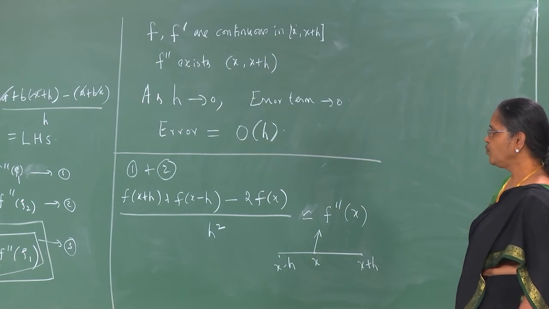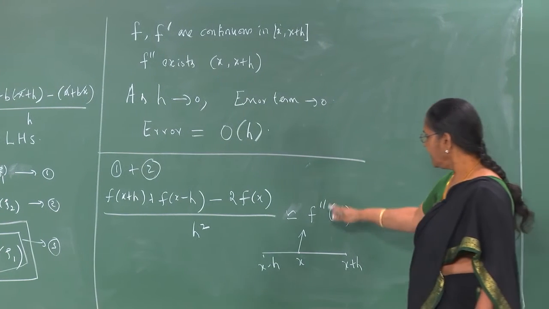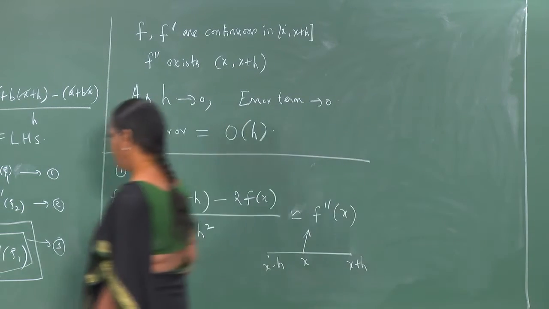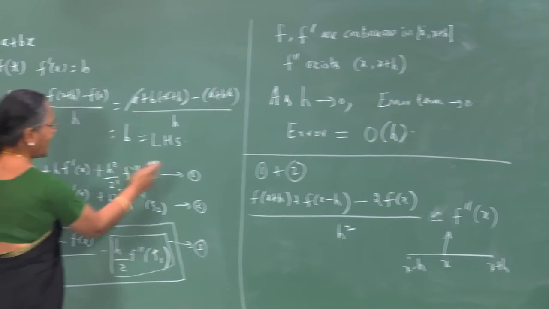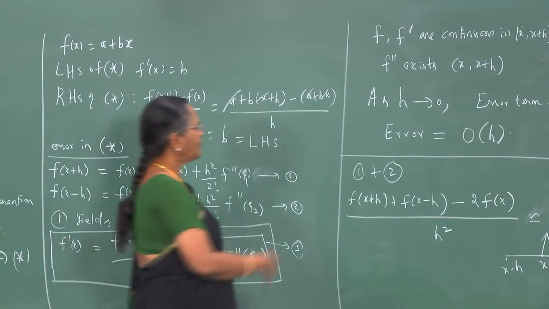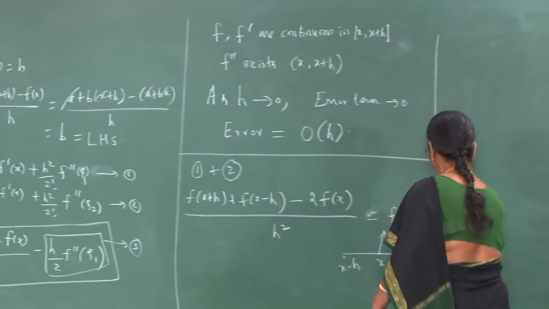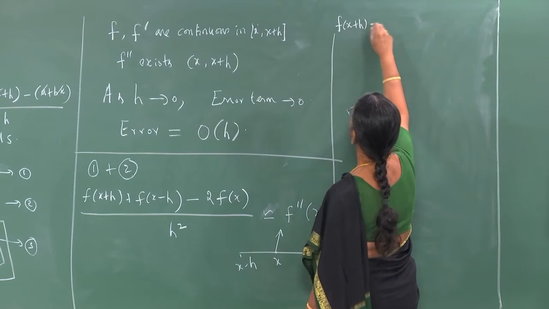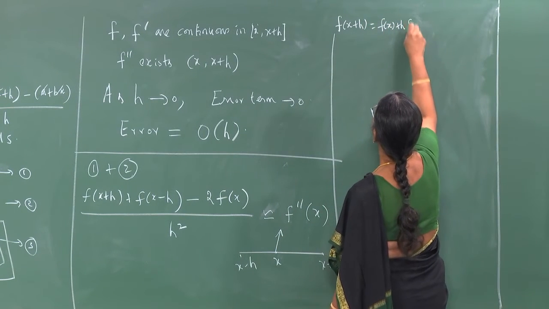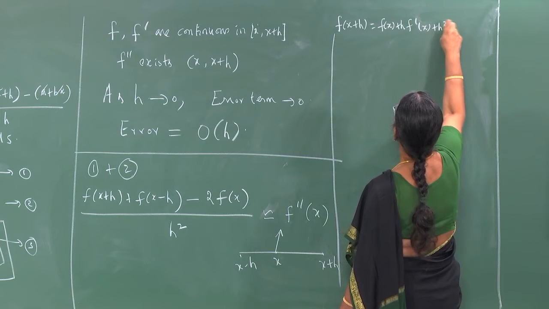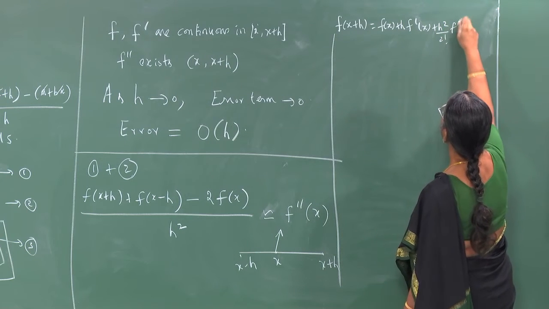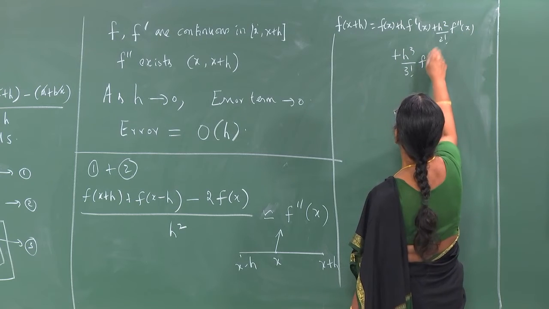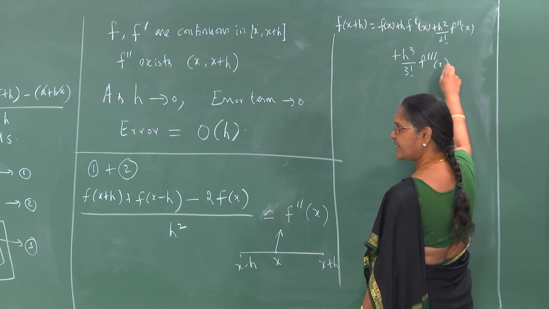Here again we can compute the error in such an approximation, and that can be done by writing down the next term. So, let us write down the error in this approximation. f of x plus h is f of x plus h f prime of x plus h square by 2 into f double prime of x plus h cubed by 3 into f triple prime at x.